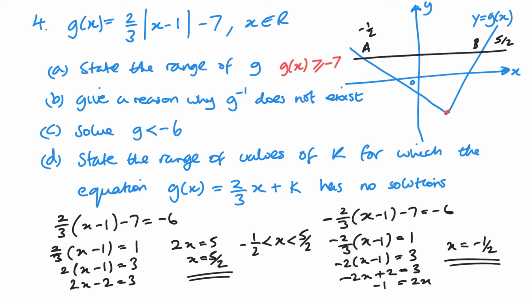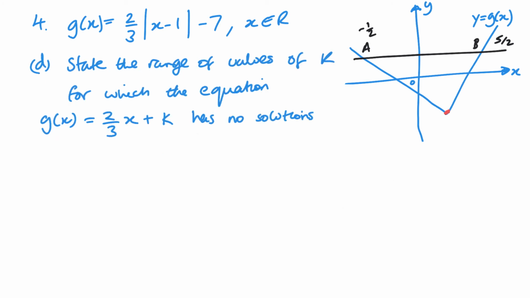Just going to make a little bit of room for the final part. That's better. So state the range of values of k for which the equation has no solutions. So this one is quite straightforward, I think. The gradient you can see here is the same gradient as up there.